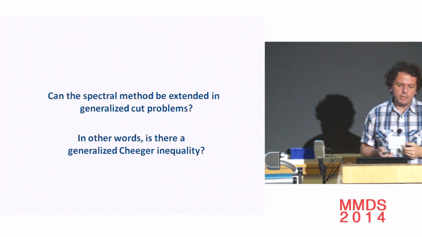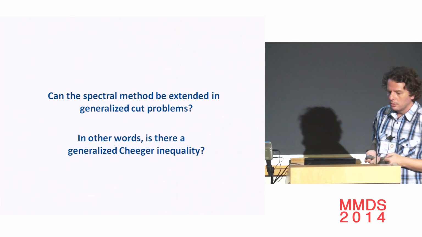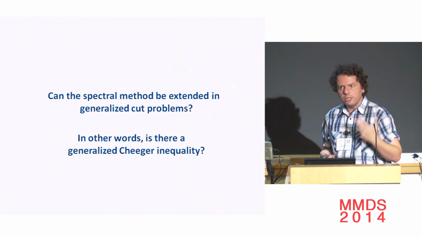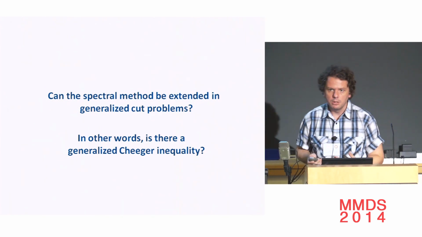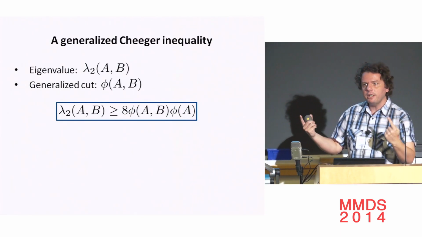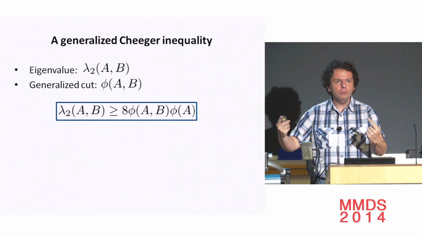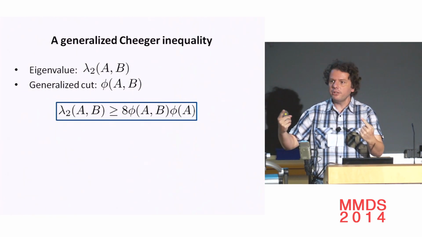So the main question then is, can the spectral method be extended to generalized cut problems? In other words, is there a generalized Cheeger inequality? And the answer is positive: you can define, again, the continuous quantity, which is the eigenvalue of the pair, and you can find the generalized cut.